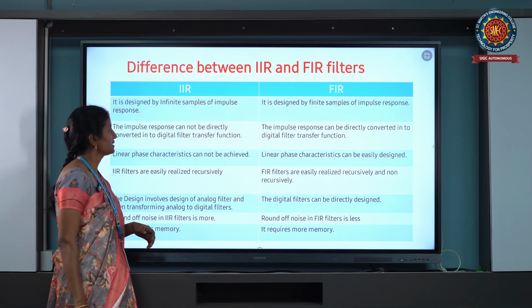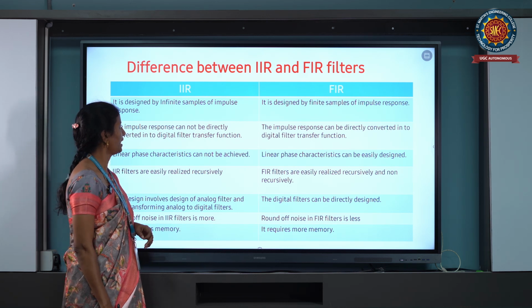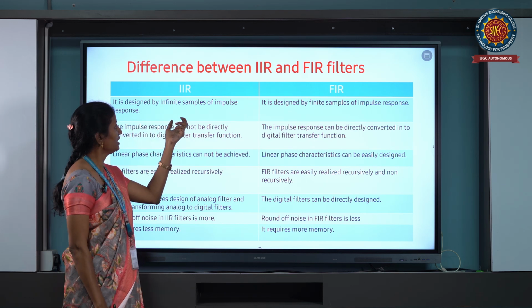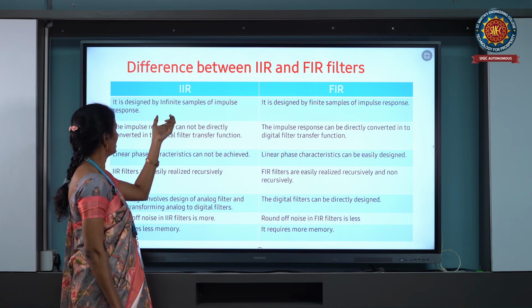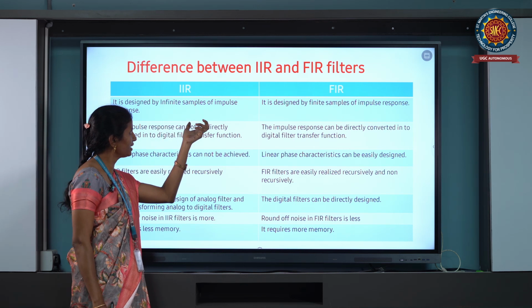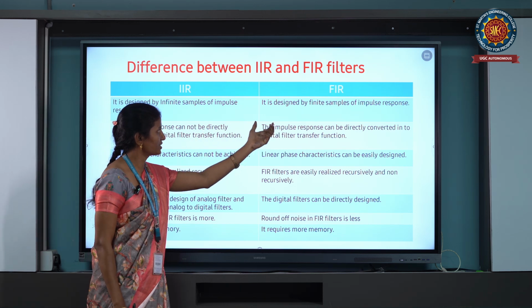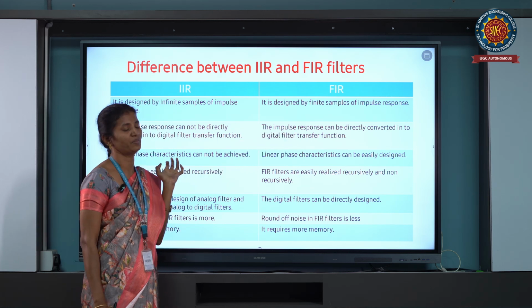The next point is the difference between IIR and FIR filters. The first point: IIR filters are designed by an infinite number of samples of the impulse response. FIR filters are designed by a finite number of samples of the impulse response.